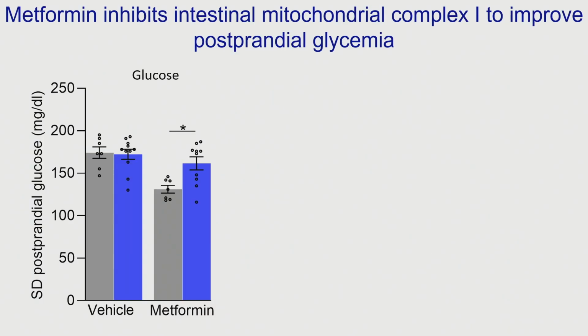The other thing, and this is really Zach's work, all this intestinal work, it's unpublished, but one of the things you can do is fast the animals and give them a certain amount of food, control mice and NDI1 mice, and look at a postprandial glucose spike. As you can see, the spike of glucose is abrogated with metformin because the glucose uptake is in the intestine, and NDI1 abrogates that.